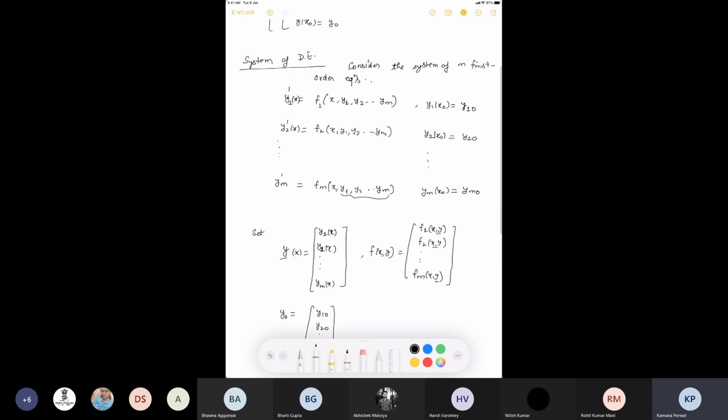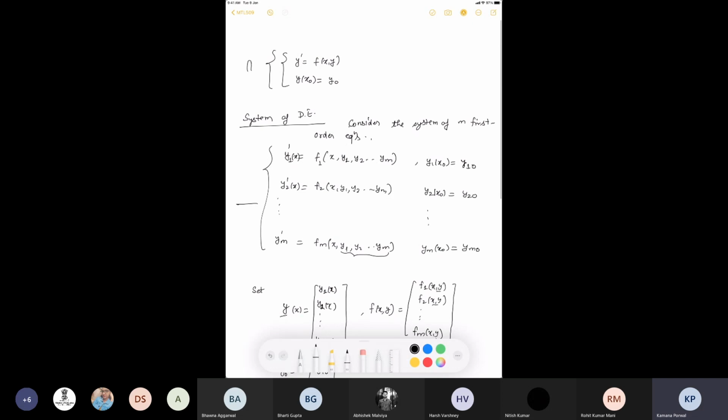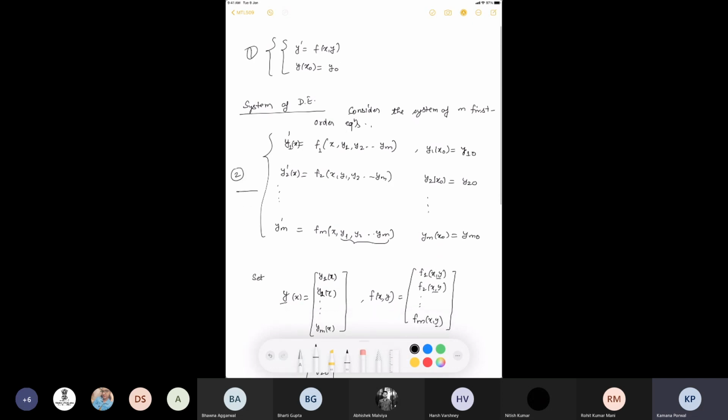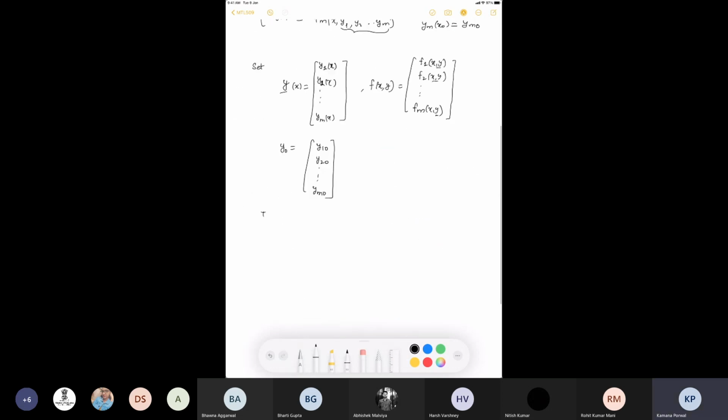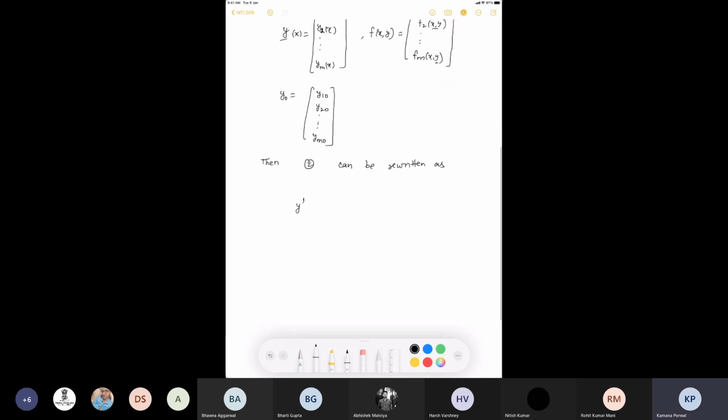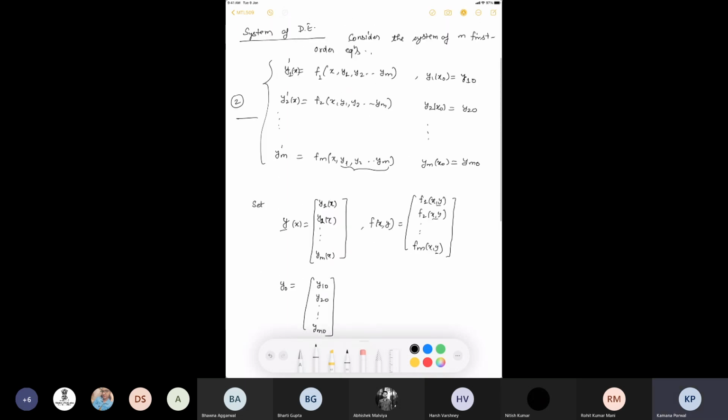Okay, so then this system, let's call this 1 and this 2. Then we can rewrite 2 as y prime of x.